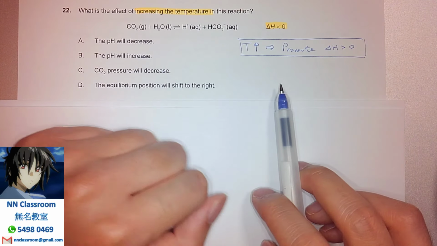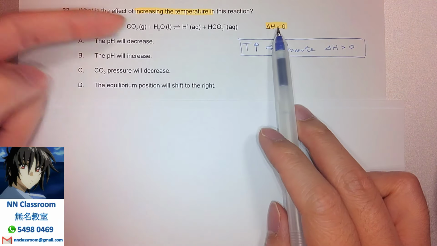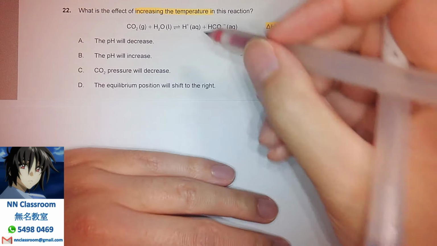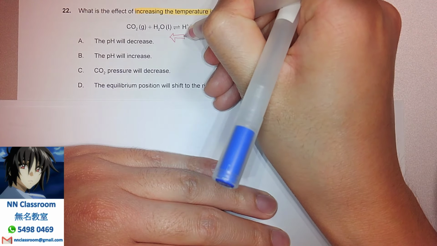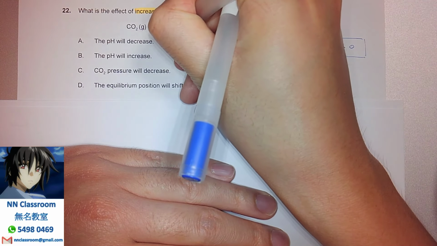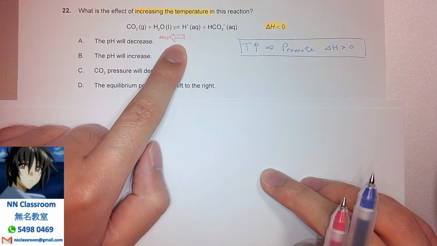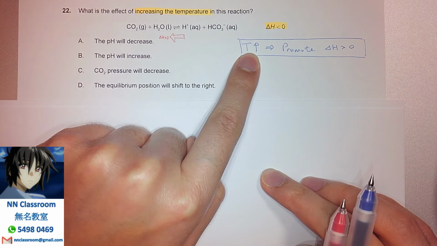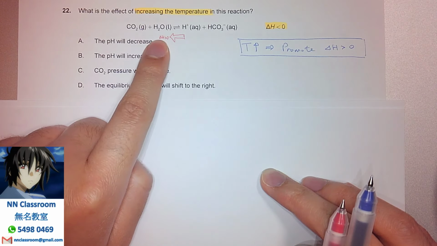So particularly for this situation, given that the forward reaction is exothermic, it is not surprising that the backward reaction will be endothermic. As we deduce, temperature increase promotes endothermic, and endothermic is backward.